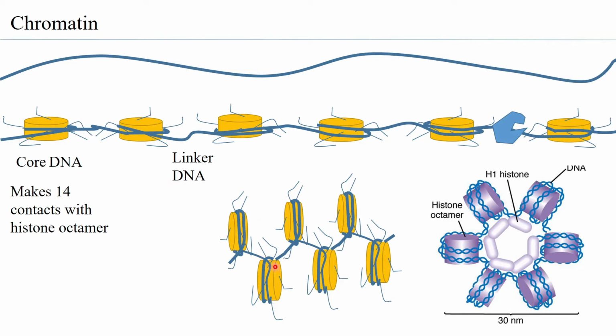When this goes to forming a metaphase scaffold, it becomes even highly condensed, and there you will see minimum or negligible gene expression. Suppose you had a promoter region that is present within the core DNA.